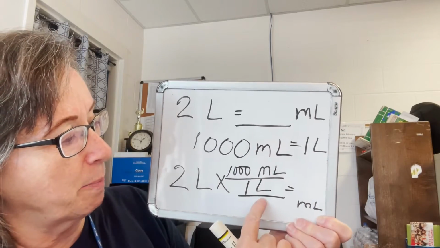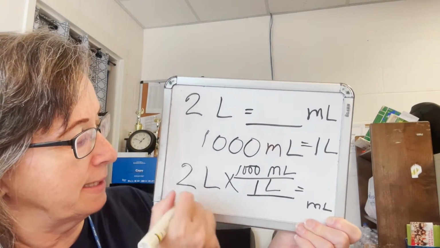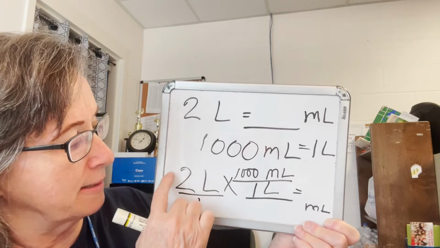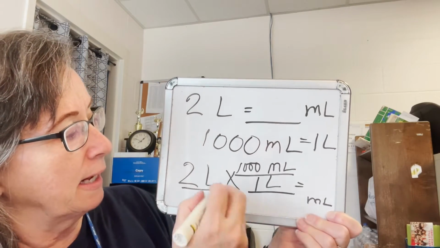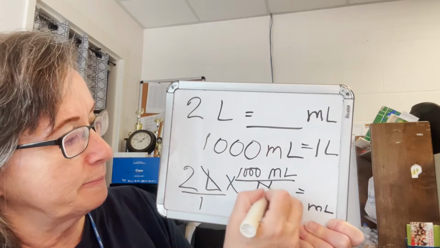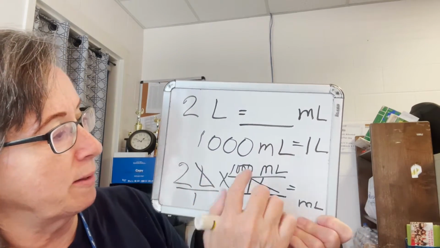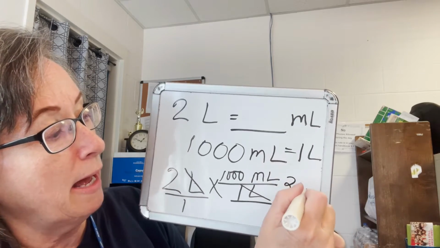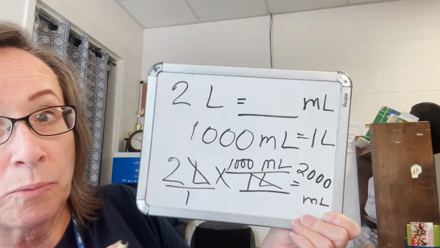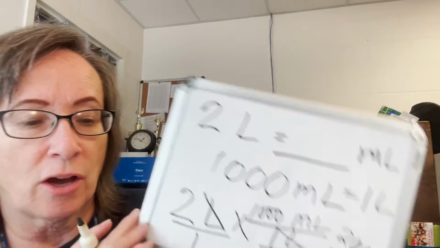So now on the bottom is a liter. Up here, this is the numerator. Remember, this is the top, this is the bottom. Liter cancels liter, and we're left with milliliters. 2 times 1,000 is 2,000. Should have got my big board for that one. Okay, so let's look at the next one.